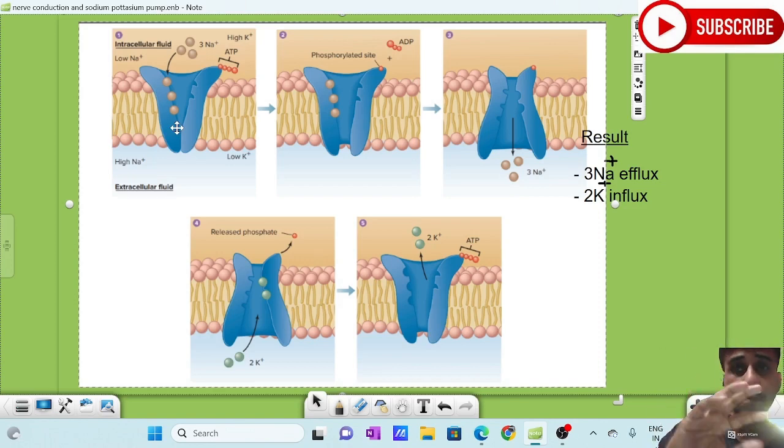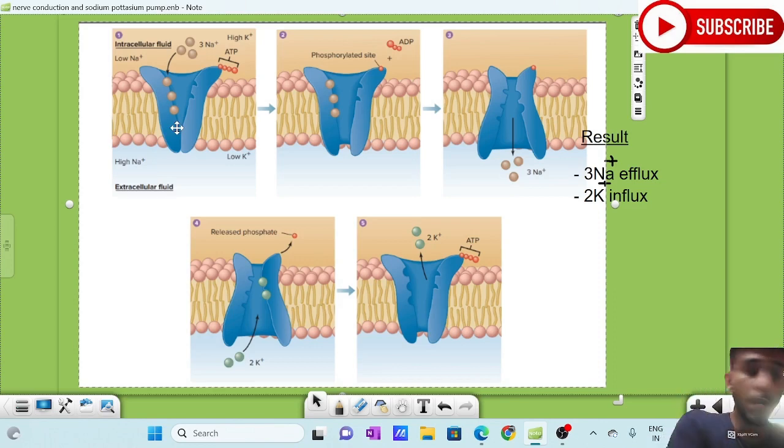So the ATP-bound pump will be having affinity for sodium ion, and it can bind 3 sodium ions.